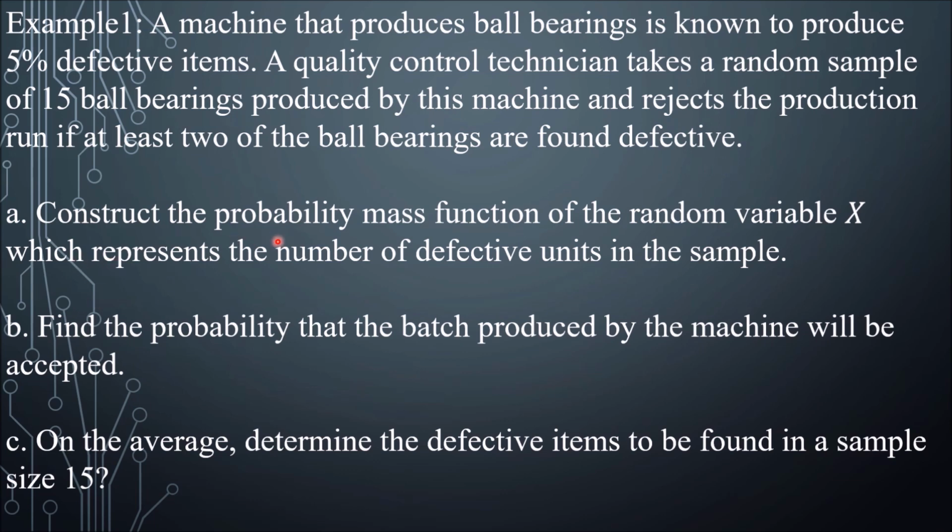Letter A, construct the probability mass function of the random variable x, which represents the number of defective units in the sample. B, find the probability that the batch produced by the machine will be accepted. C, on the average, determine the defective items to be found in a sample size of 15 ball bearings.